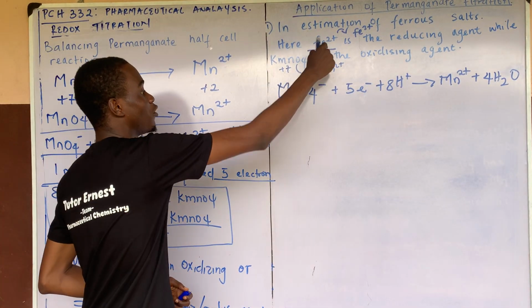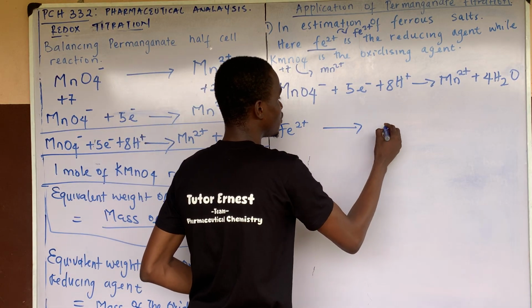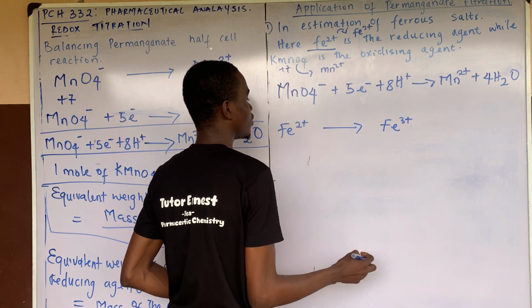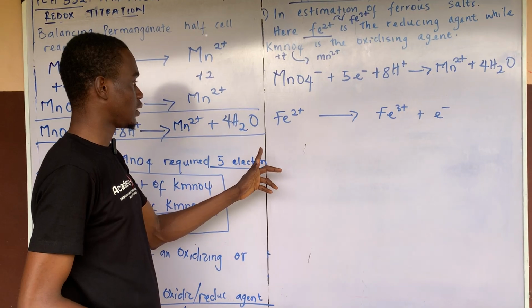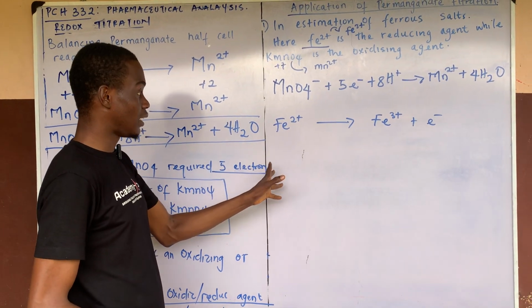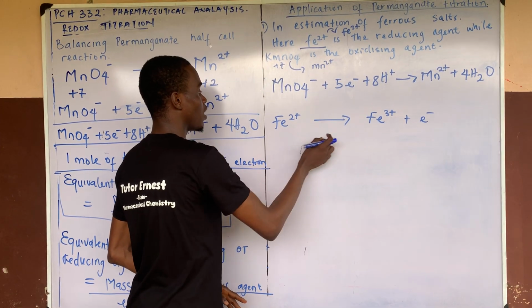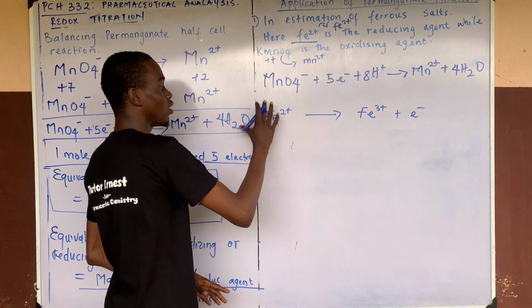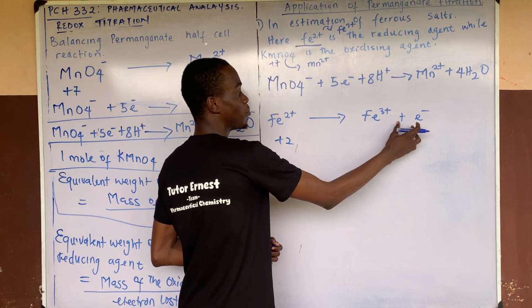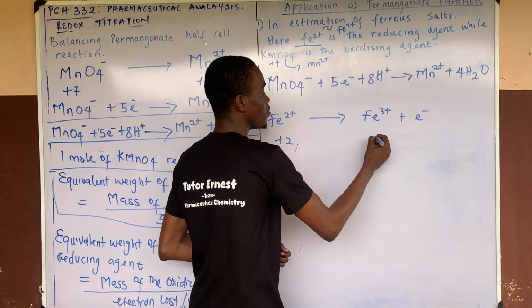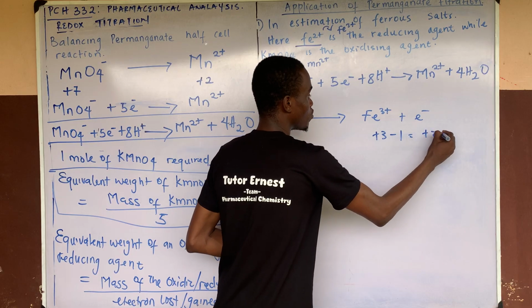Now let's get the half cell of ferrous. Fe2+ goes to give Fe3+ + e-. Now we have to check, is this balanced? Yes, this is balanced because we have one iron on each side. On the reactant side the total charge is +2, and on the product side, remember I told you that an electron means minus, so it is +3 minus 1, that's +2.